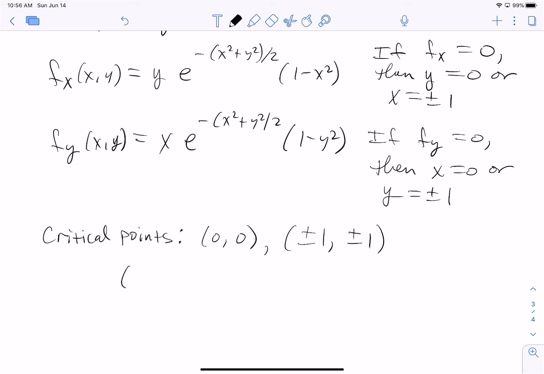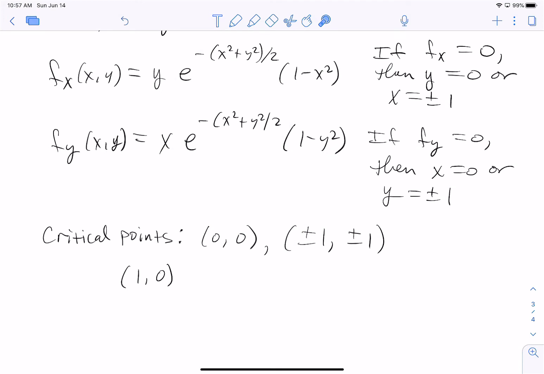But if we consider something like 1, 0, then what we're saying is x is 1 and y is 0. And if that's true, then fx is clearly 0 because it has a factor of y. Fy, though, has a factor of x, and so that factor is 1. And another factor, 1 minus y squared, would go to 0 only if y is equal to 1 or negative 1.